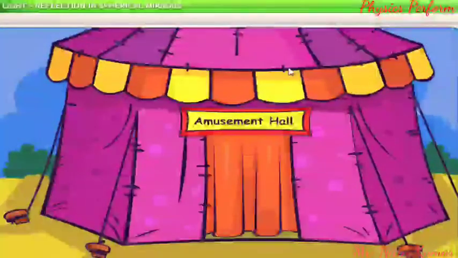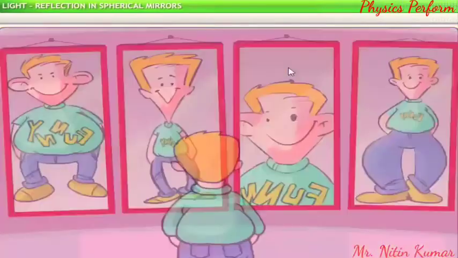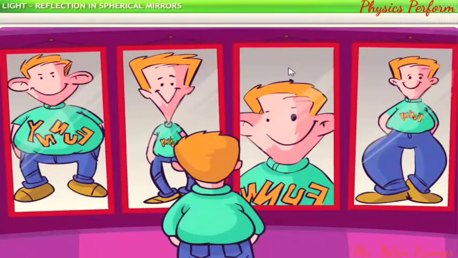Most amusement parks have a hall of mirrors, a traditional attraction. Mirrors in these halls are often distorted into different curved, convex or concave shapes to give the participants unusual and confusing reflections of themselves.